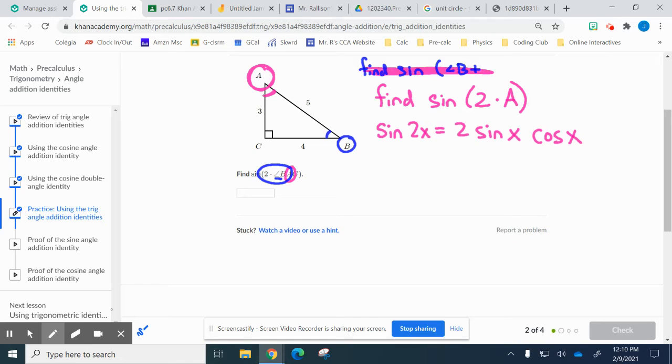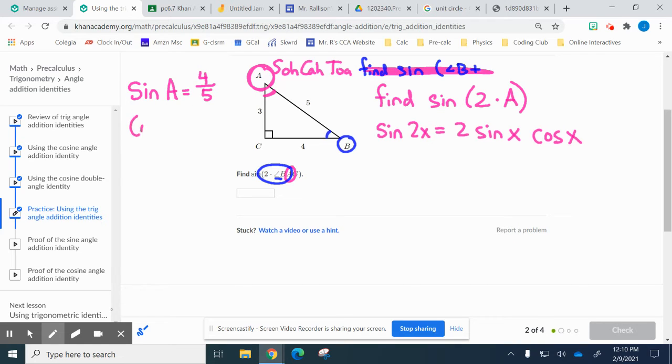So we're just going to find the sine of A. Well, the sine, let's write it again. The sine is the opposite over the hypotenuse. So the sine of A is going to be 4 over 5.